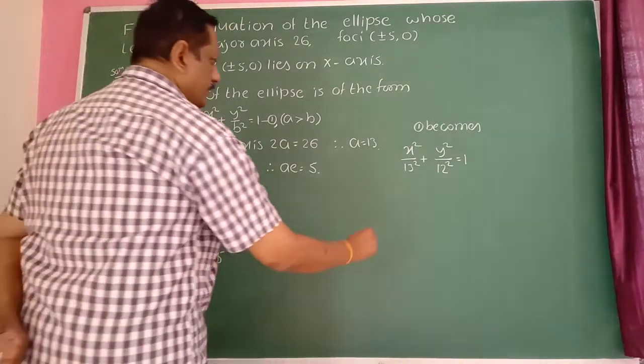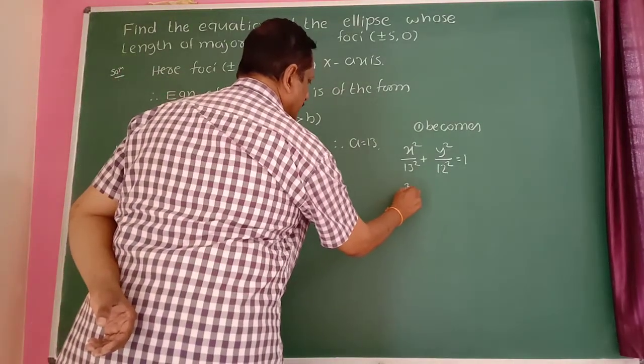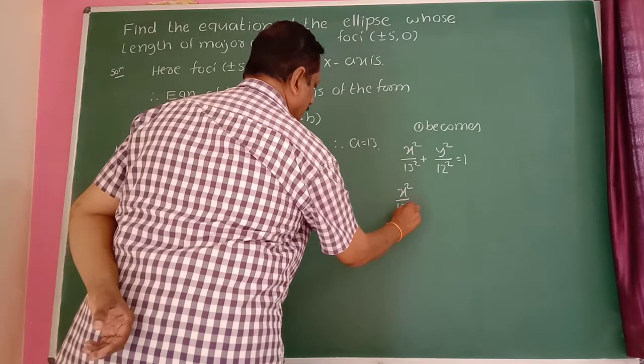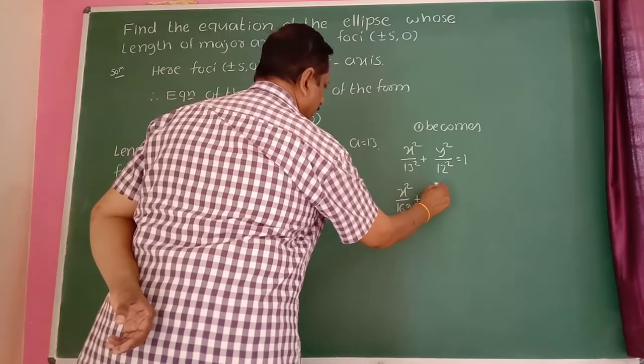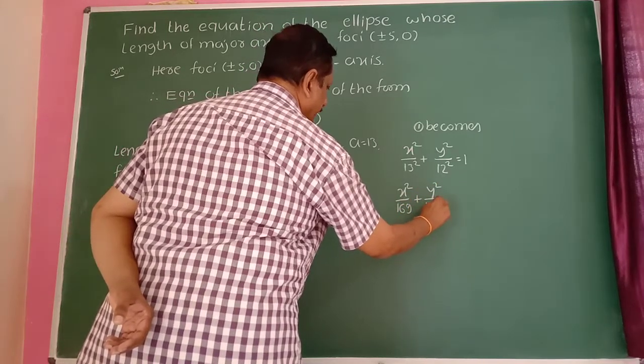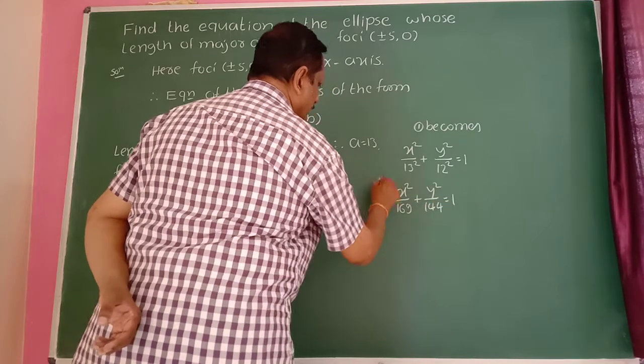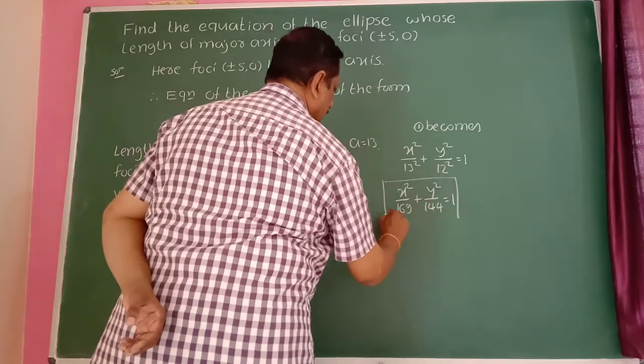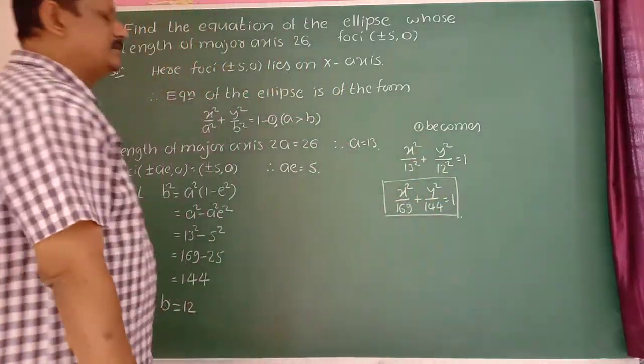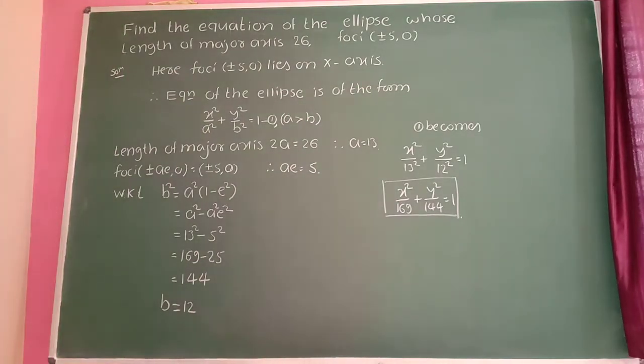That is x square by 169 plus y square divided by 144 is equal to 1. Here x-axis is the major axis because foci lies on x-axis.